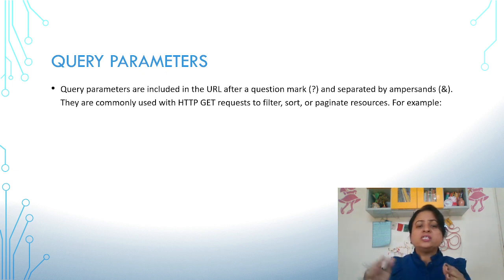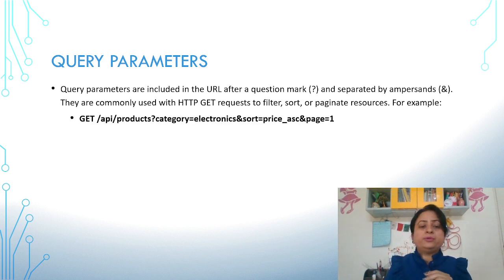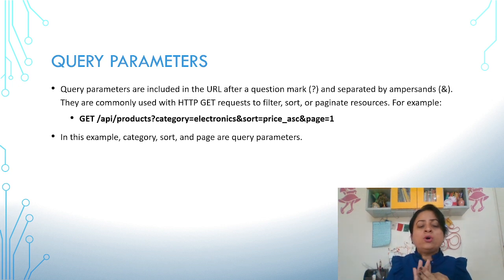For example, in this URL of a GET request, the resource is products, and category equals electronic, sort equals price ascending, and page equals 1. These are all your query parameters: the category, the sort, the page. So you can get the filtered data on the basis of these query parameters.